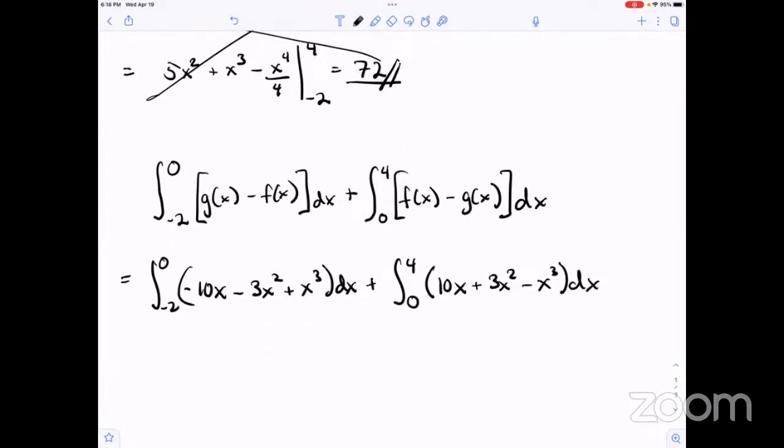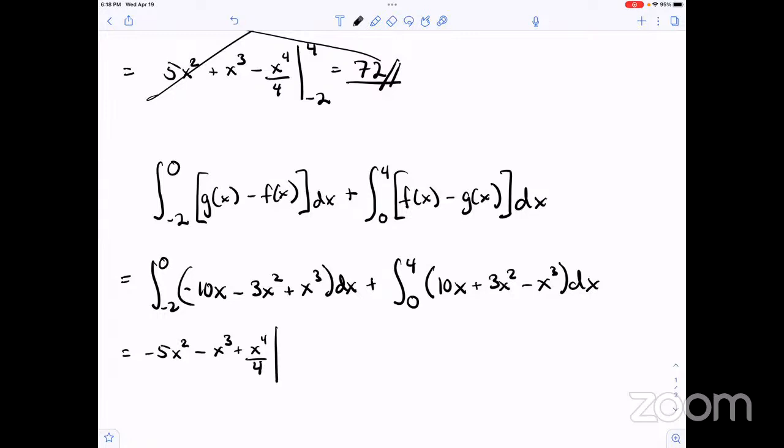The first one, negative 10x squared over 2 becomes negative 5x squared, x cubed over 3 becomes just negative x cubed, and then plus x to the 4 over 4. We want to evaluate that as x goes from -2 to 0.